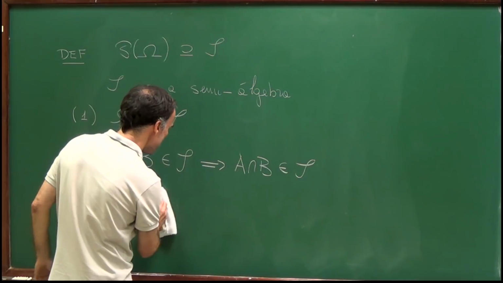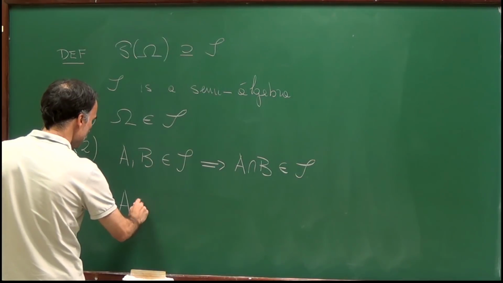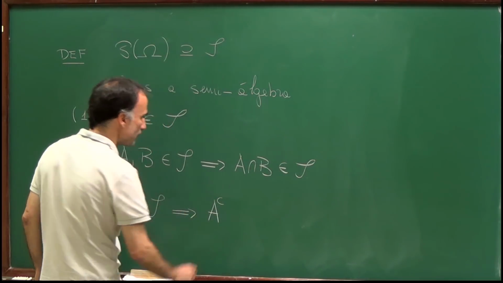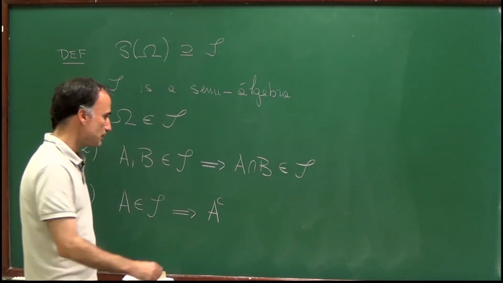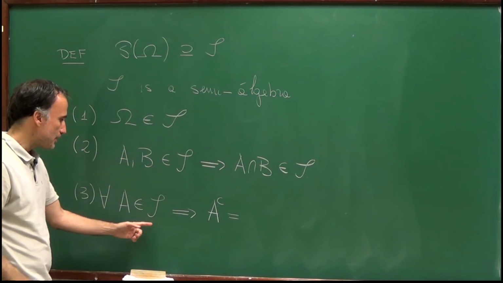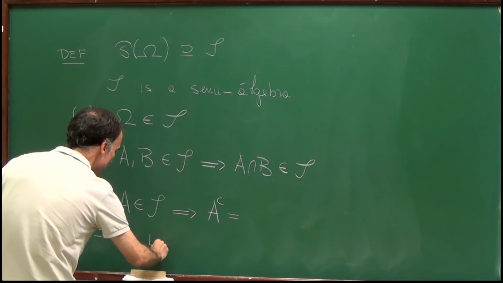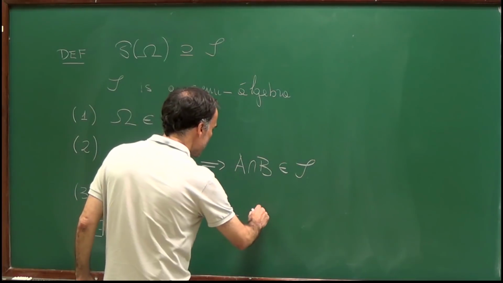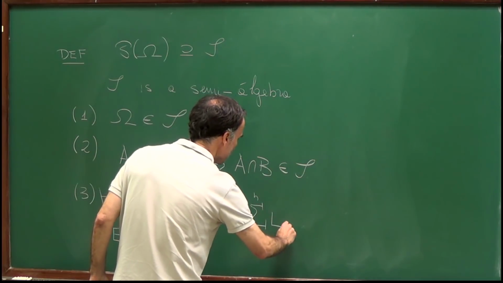So our third property will be that if I have a set A which belongs to S, then the complement of A can be written as a finite union of elements of S. So what we require is that for all sets A in S, there exist sets E1 up to En in S, such that A complement can be written as a disjoint union of these sets.